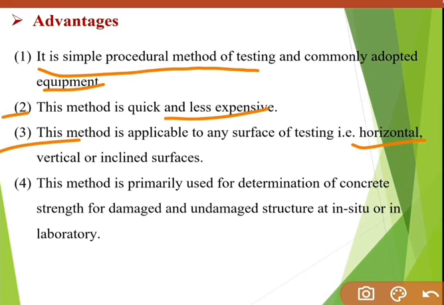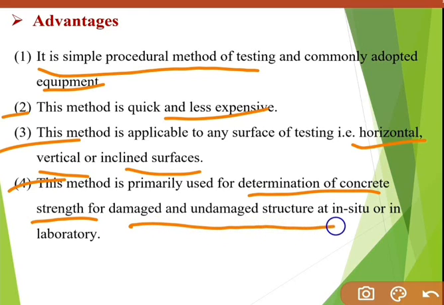We can apply it horizontal, vertical or inclined surface. This method is primarily used for determination of concrete strength for damaged and undamaged structure and at in situ or in laboratory. We can use it in laboratory or in situ condition for determination of concrete strength.